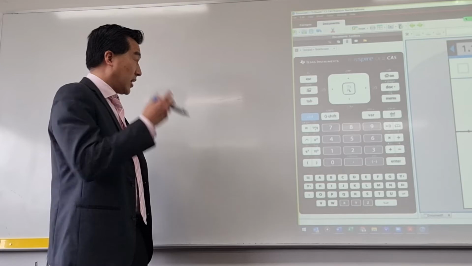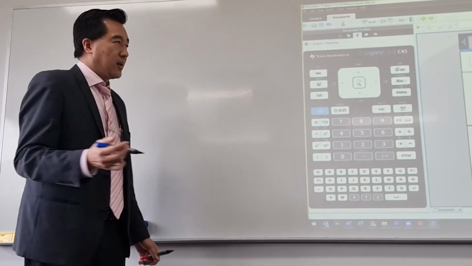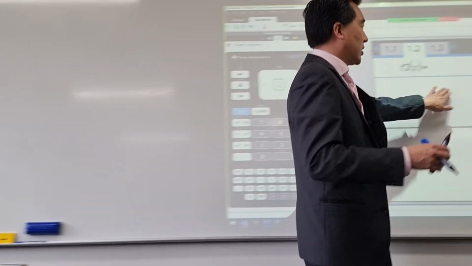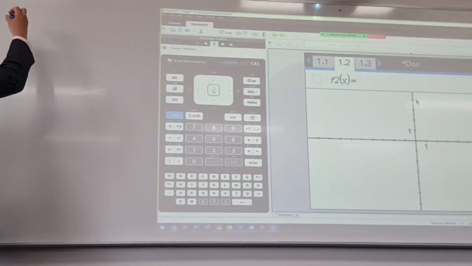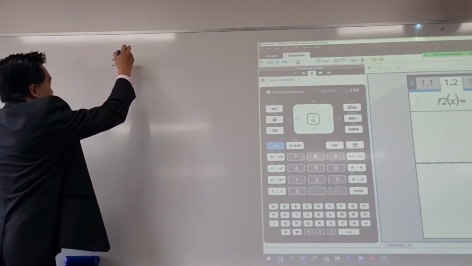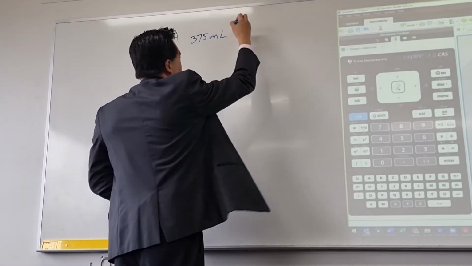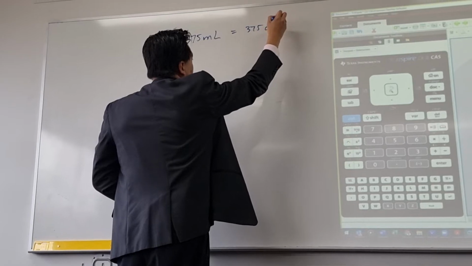Pause. The example I'd like to do is for a cylinder. All right. If you were to measure the dimensions of a standard can, and I'm not saying this is any sort of hint whatsoever at all, but a can, well, we know that it's 375 mils, right? Which using conversion is 375 centimeters cubed, right?